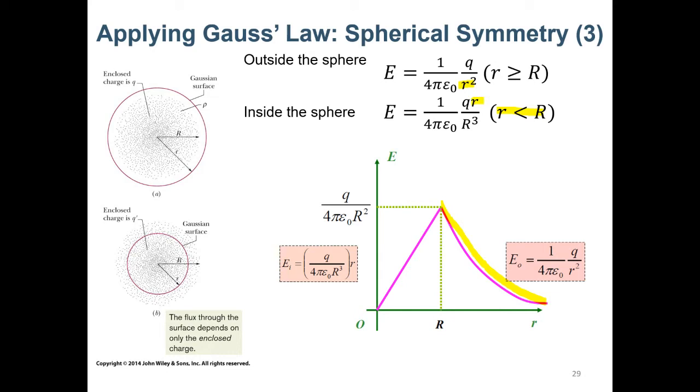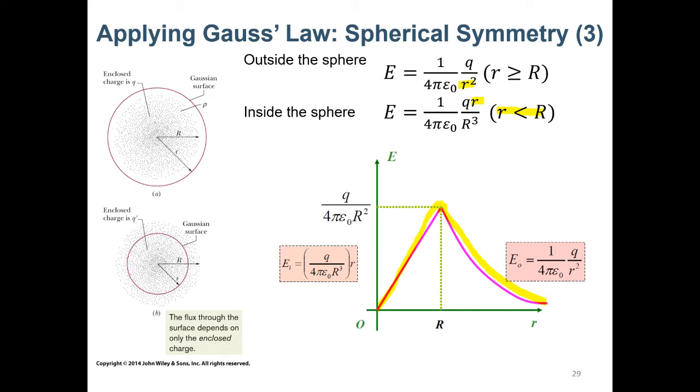So at the center it is 0, and it increases like this. So at this point, they meet together. And then, not exponentially, inversely. It is inversely proportional to r squared when small r is larger than capital R. Somehow like this.